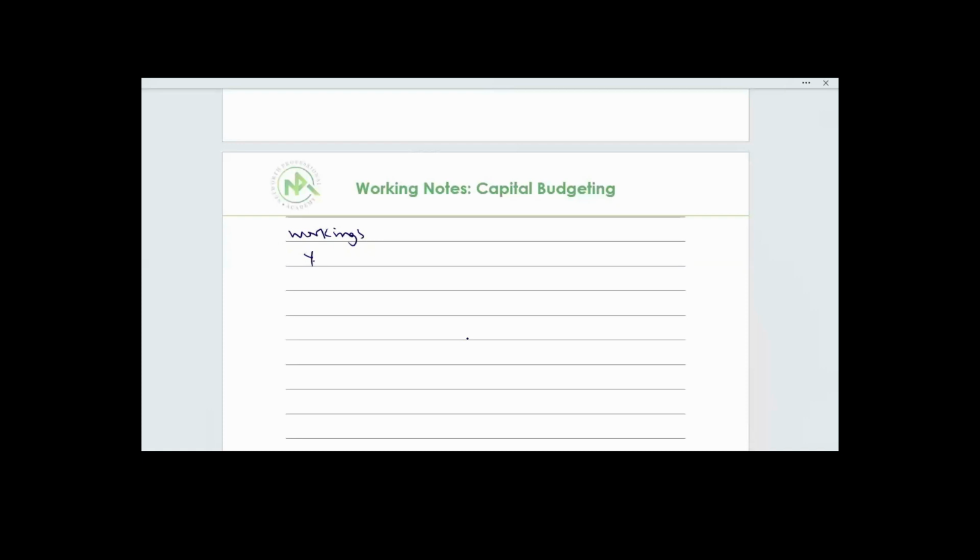Years 1, 2, 3, and 4. This is the time for us to apply all the principles or concepts that we have discussed previously under this topic. So, number of units.